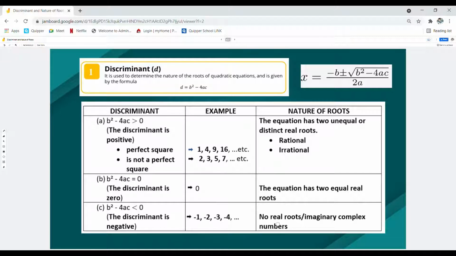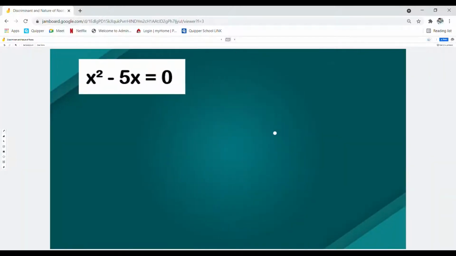It's an or, so therefore you choose one from these two. But their meanings are the same. Imaginary complex numbers are not real roots. Okay, so that's it. So we can have examples so that we will understand better.